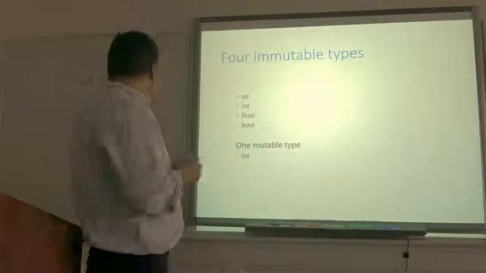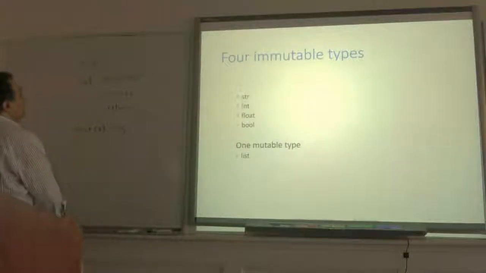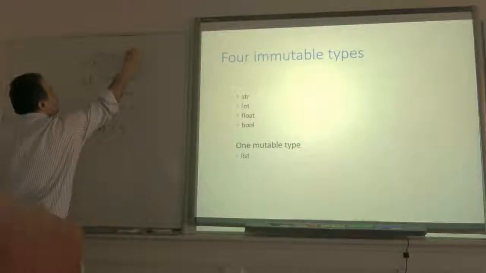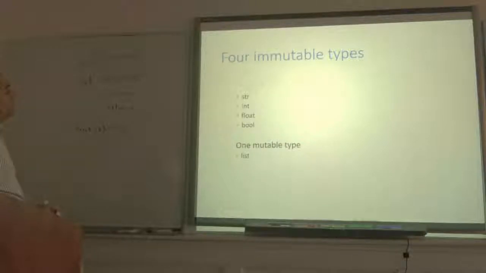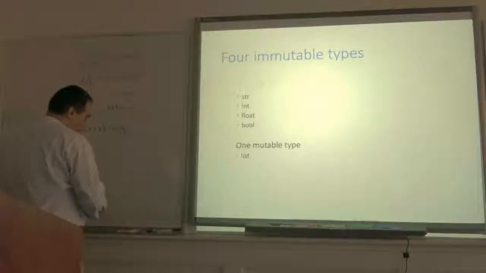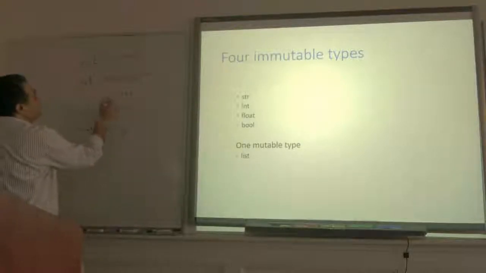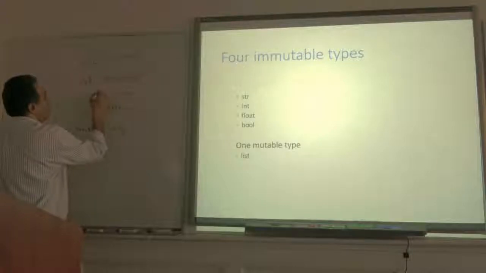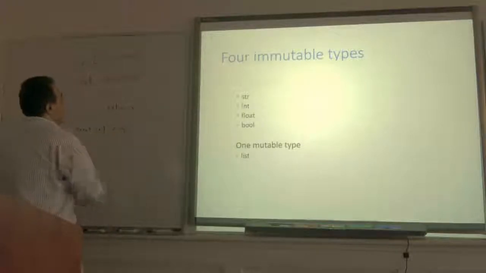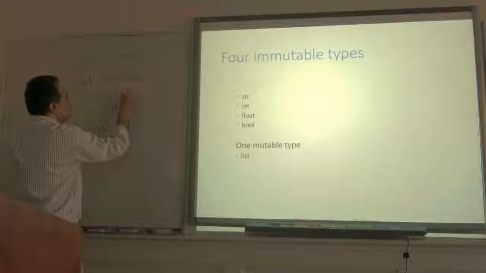Let me give you an example. Let's say that x now is a list, 1, 2, 3, 4. And in here, what I'm doing is x of 0 equals x of 0 plus 1.